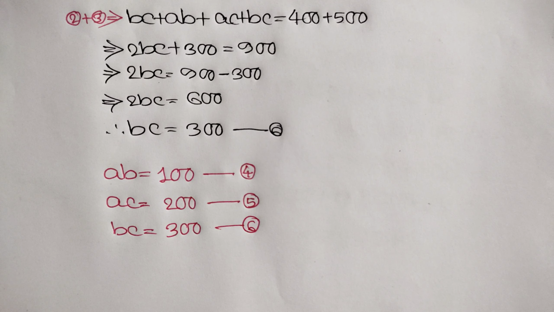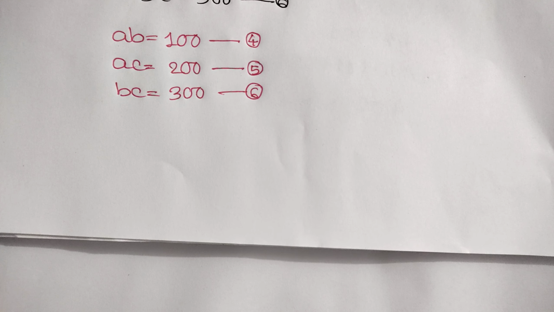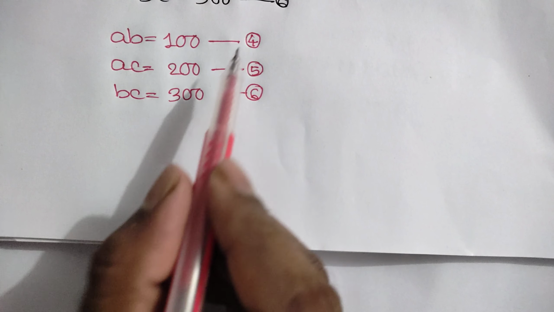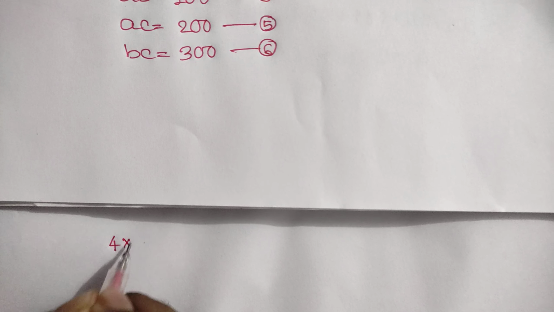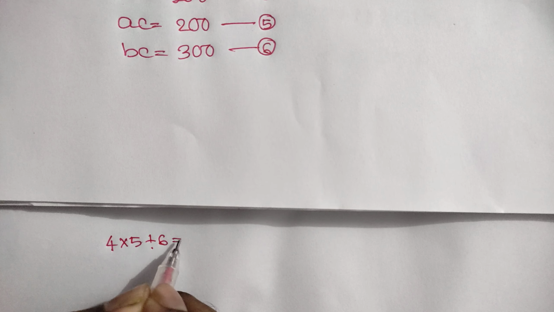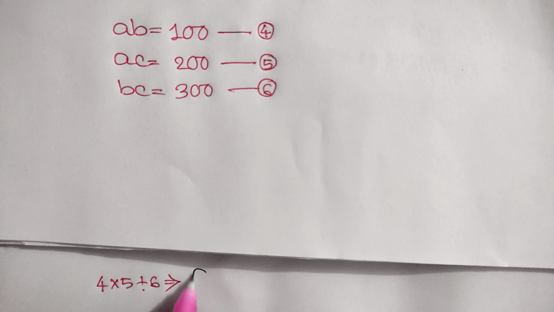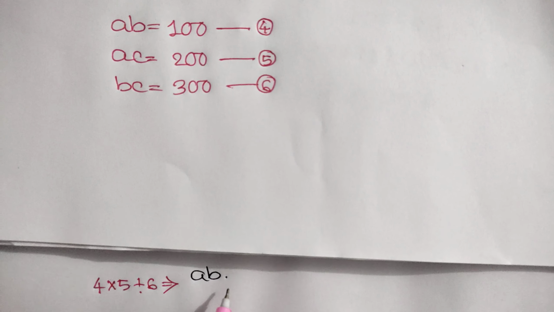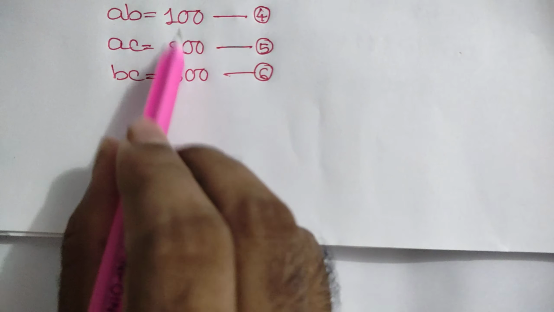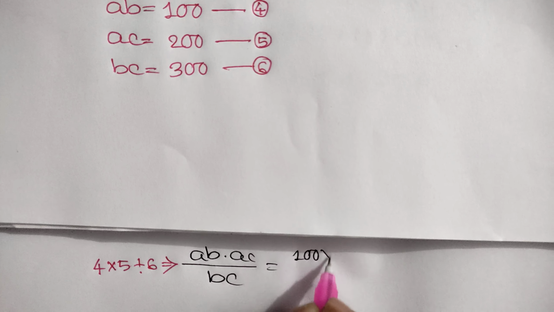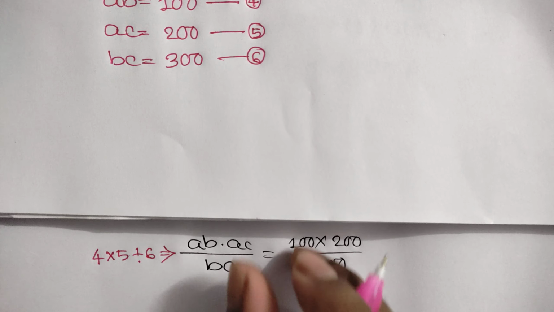Okay. Now multiplying equation 4 and 5 and dividing by 6, 4 times 5 divided by 6, we can write here AB times AC over BC is equal to 100 times 200 over 300.